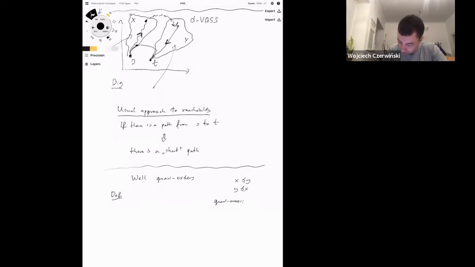So a quasi-order has reflexivity and transitivity, but this is not really important here.